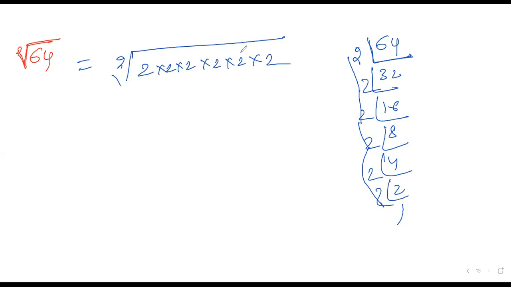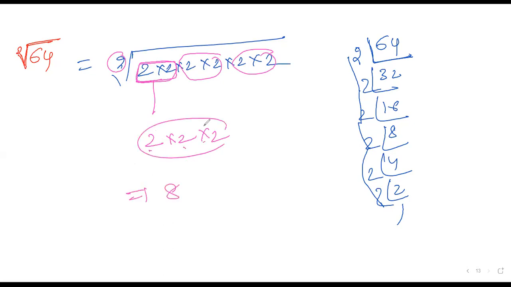Next, according to the logic, take out the same kind in pairs. Here there are two 2s, take one 2 out. Again two 2s, take one 2 out. Again two 2s, take one 2 out. So what is the answer? 2 2s are 4, 4 2s are 8. So the square root of 64 is 8 only.